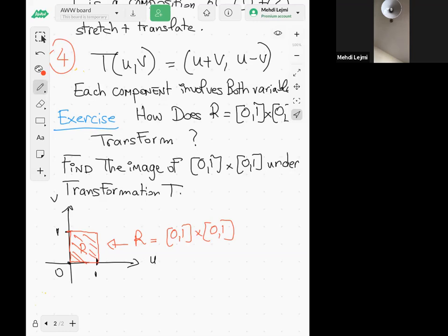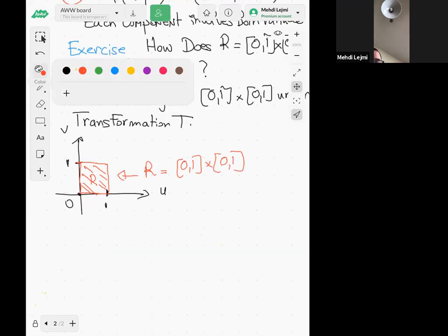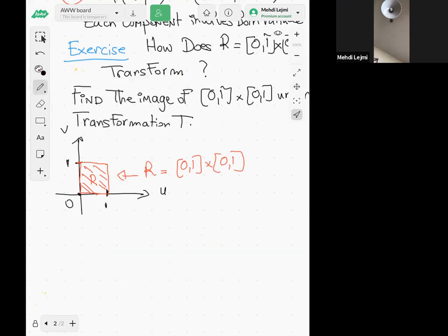But anyway, I'm going to try to see what the image of the sides or the edges will be. For example, let's start with the bottom edge. The bottom edge is this side here.